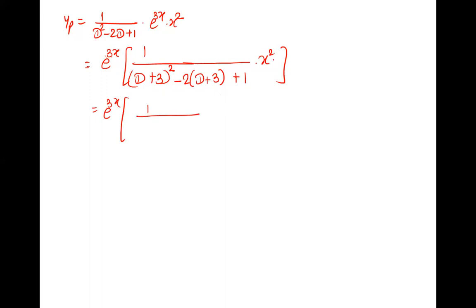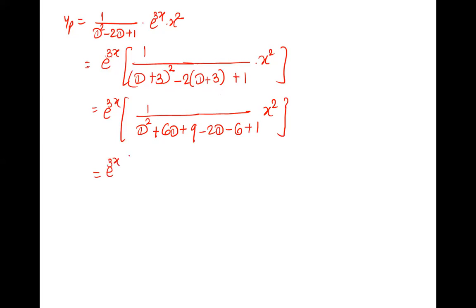Now this is the polynomial case. Does everyone remember? Is it the polynomial case? Yes, sir. Open this: D square plus 6D plus 9, minus 2D minus 6, plus 1, on x square.